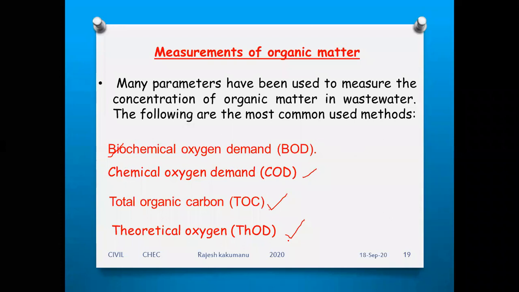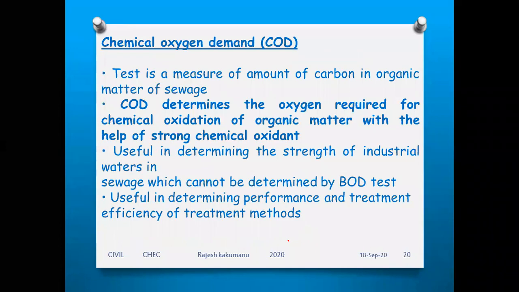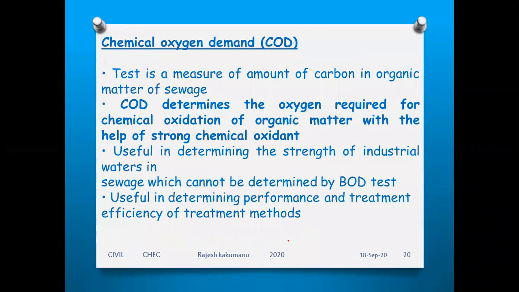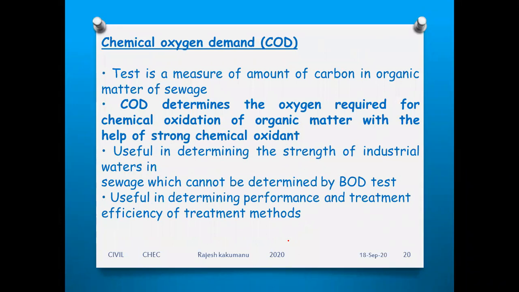So among these four things, the ones we use most are BOD analysis and COD analysis. So we will discuss these things in detail. Okay. So if you see the first thing, the COD analysis, chemical oxygen demand.